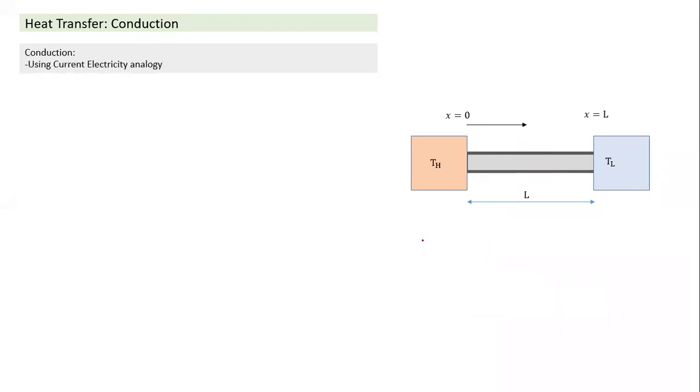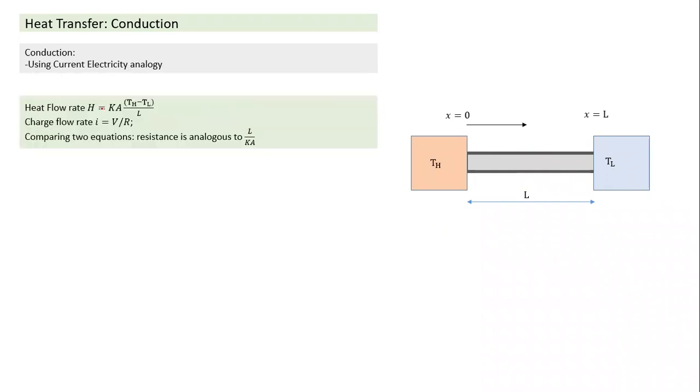Now, since we deal with current electricity more often, we can use a current electricity analogy. Here, heat is flowing, so we have heat flow rate. There we talk about charge flow rate, which is current, I, equal to V by R. What is the similarity?